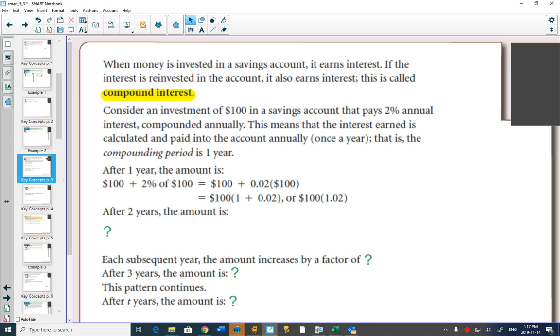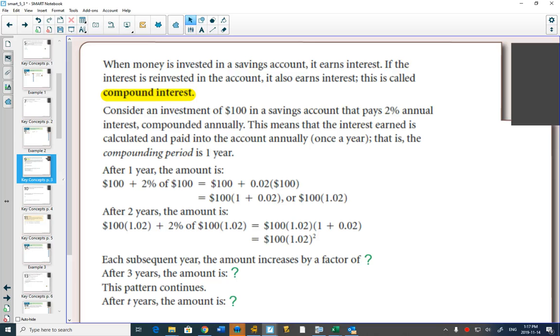So at the end of 2 years, the 1.02 that you're multiplying by actually happens twice. And if I multiply that out on my calculator here, yes, you get another $2 for your $100 and an extra 4 cents.